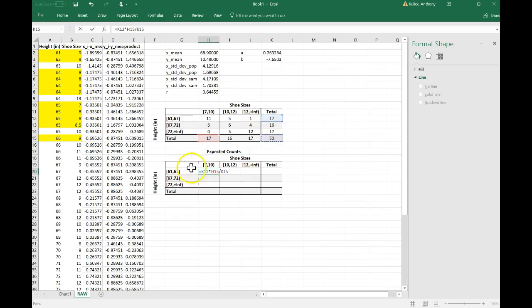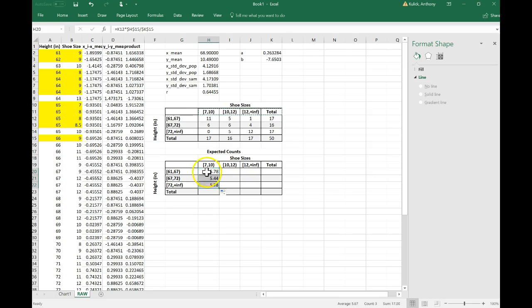If I do this column, I'm going to need that value of H15, and everything in that column is going to stay the same. So I'm going to put the parenthesis there, the dollar sign there, and then obviously the total that I'm dividing by stays the same. And then I'm going to just drag down.